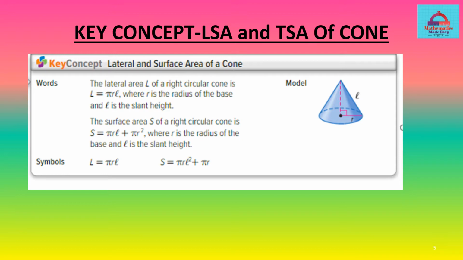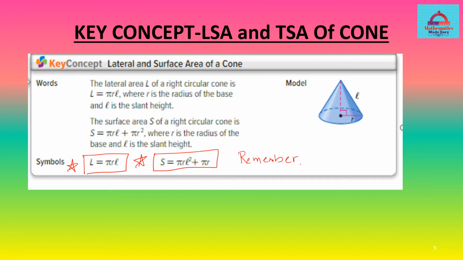So when you come to the first important key concept for this lesson, then I'm going to be giving you these two formulas. So let's summarize, and I'm putting them in stars. That tells you these are really important. You need to learn and remember them so that you can solve problems based on cones using these two formulas.